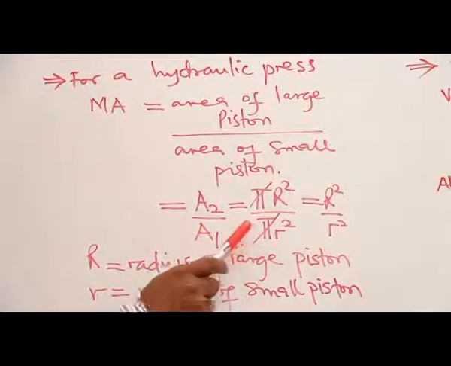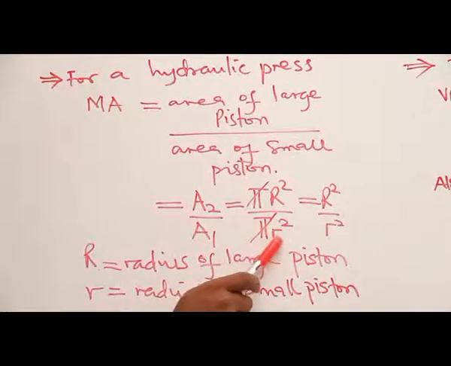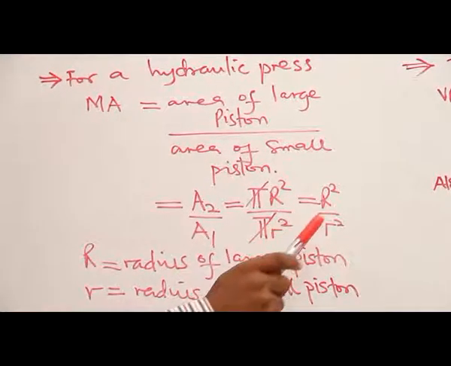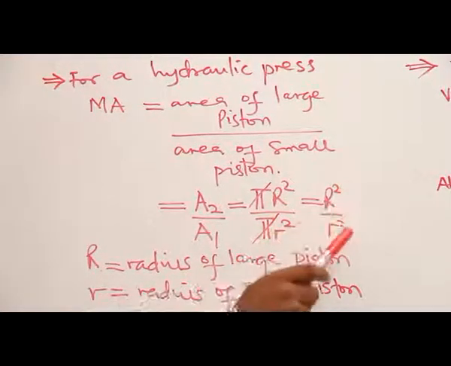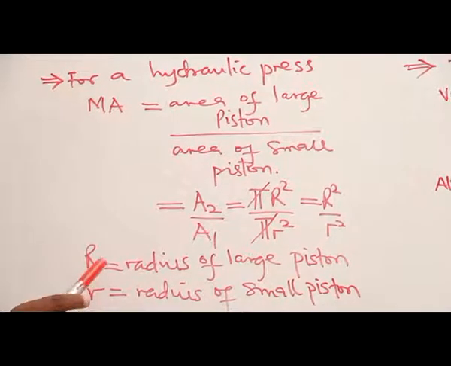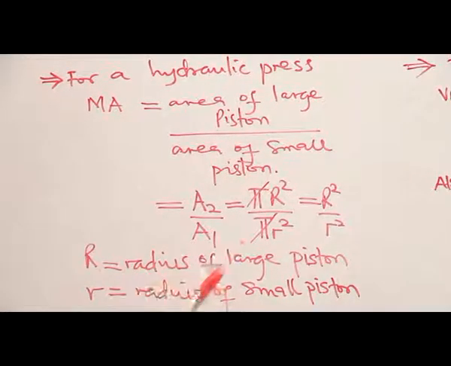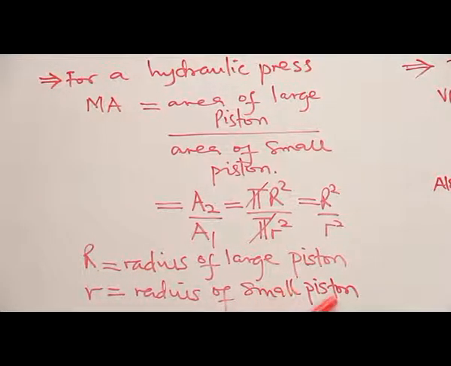That gives us pi R squared divided by pi small r squared. The pi will cancel out, we are left with R squared divided by small r squared, where the capital letter is the radius of the large piston and small letter is the radius of the small piston, also called the plunger.